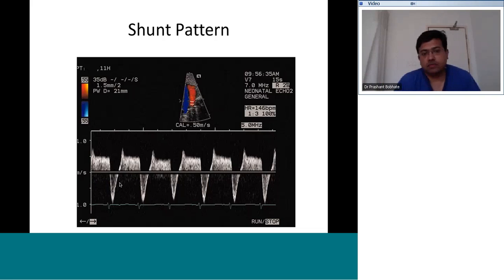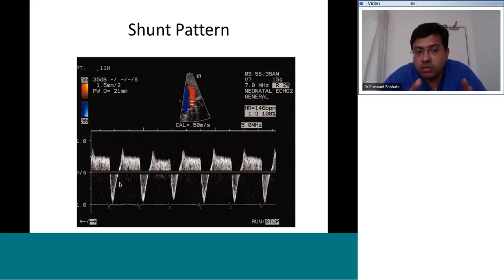So will you close this duct? I've got various answers saying neonatal high PVRI, we have to see other evidence of operability and balloon occlusion and so on.